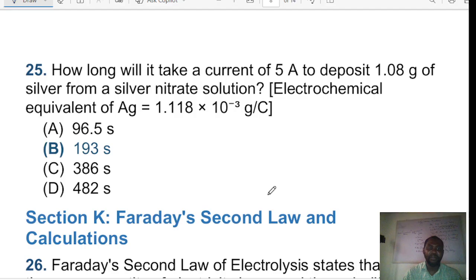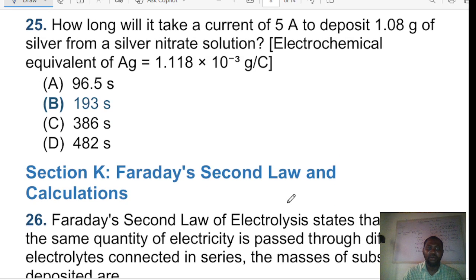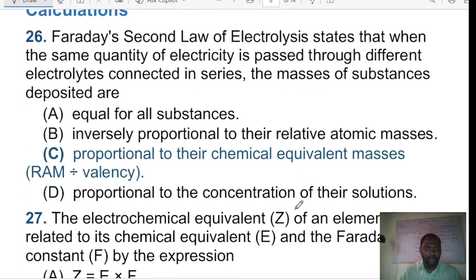Okay, so number 25 says, how long will it take a current of 5 amperes to deposit 1.08 grams of silver from a silver nitrate solution? And we are given the electrochemical equivalent to be 1.118 times 10 to the power minus 3.